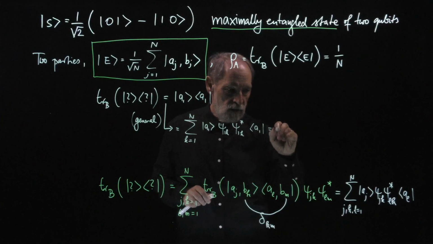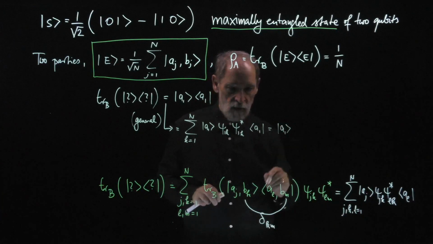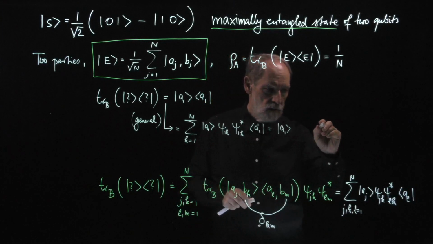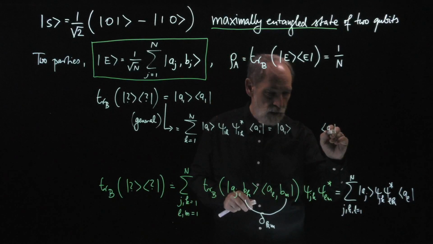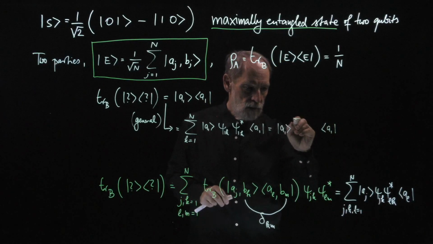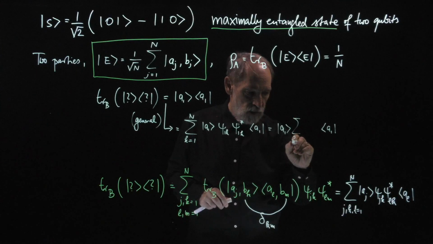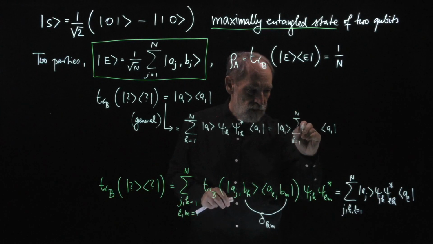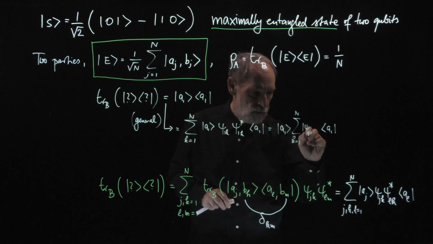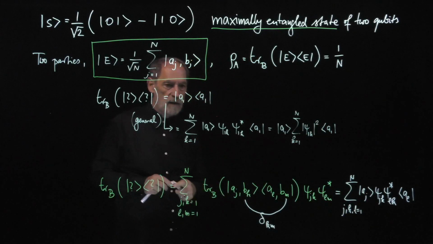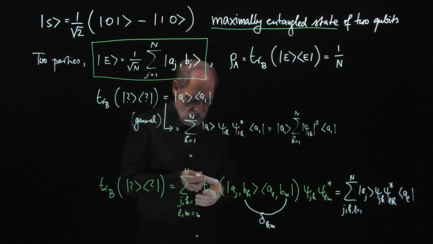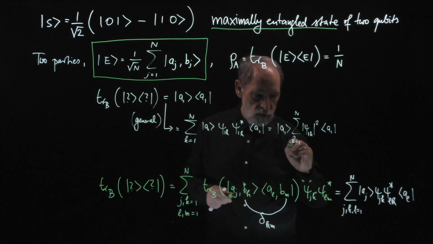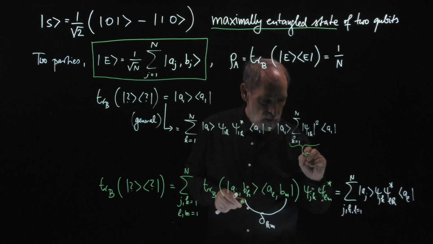And this is the A1 ket, the A1 bra, and in between, well, we just have the sum over k from 1 to n of the absolute value of psi_1k squared. Right? And so this sum, therefore, has to be equal to 1.